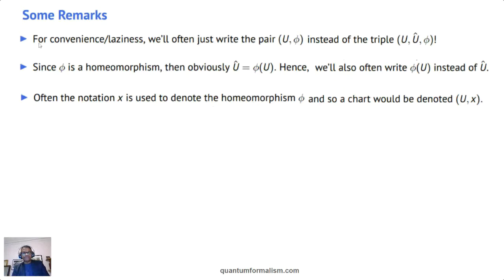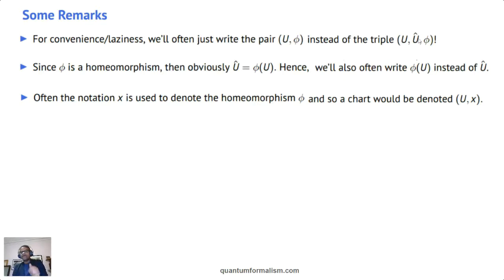Okay, so as I was saying, I defined the concept of chart as a triple, whereas in the normal textbooks they define it as a pair. So this is where we are converging. From now on, I will stop using the triple. Instead, we'll just use the pair U and phi. So we use the open set in X in the topological space and the homeomorphism.